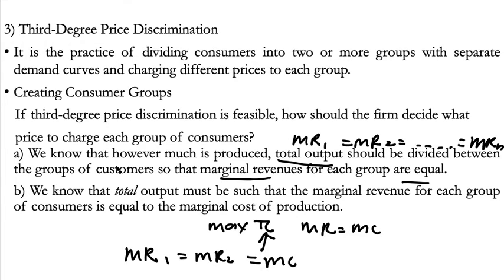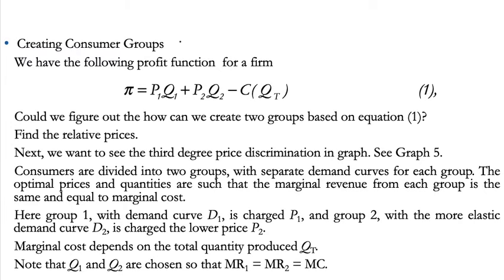Now, there are two ways to explain this in detail. The first way is using mathematics, the second way is using a graph, but most of the time when it comes to exercises, you have to do the mathematical parts. I give you this equation here. In equation 1, you have profit equal to P1 times Q1, revenue from consumer group 1, plus P2 times Q2, revenue from selling to group 2, minus total cost.